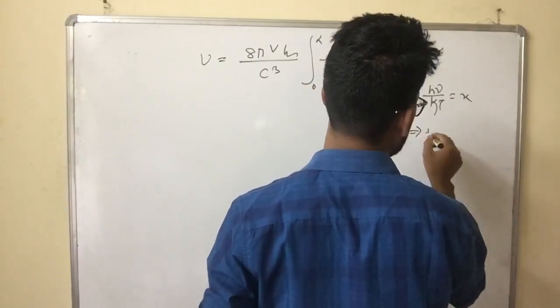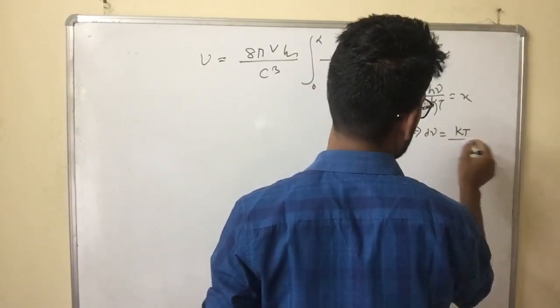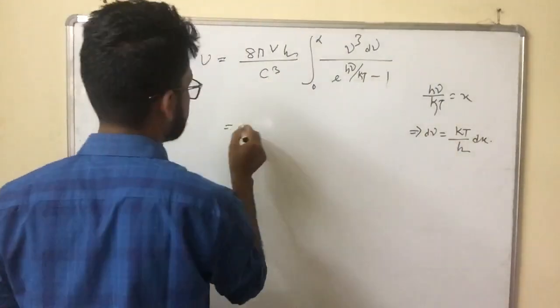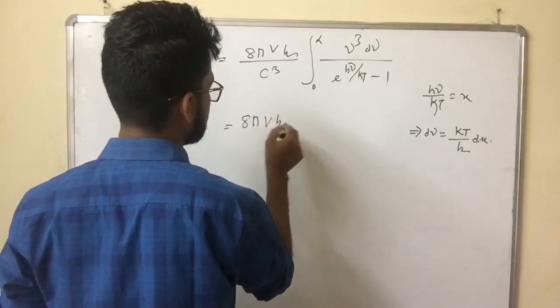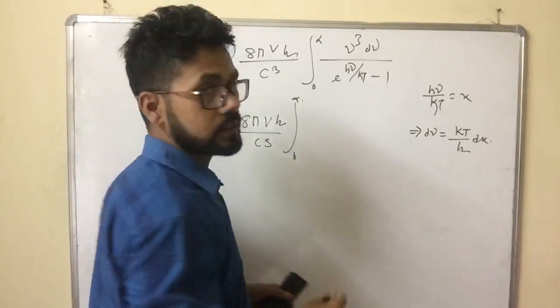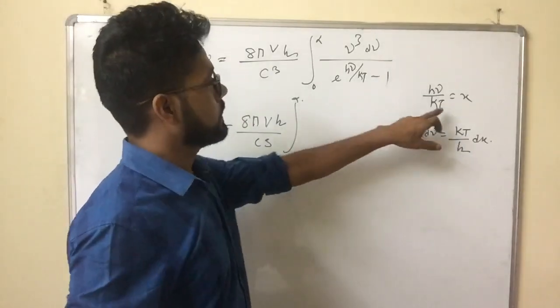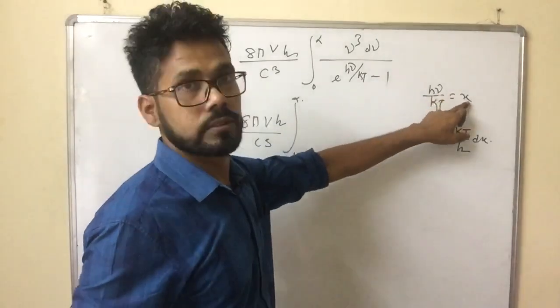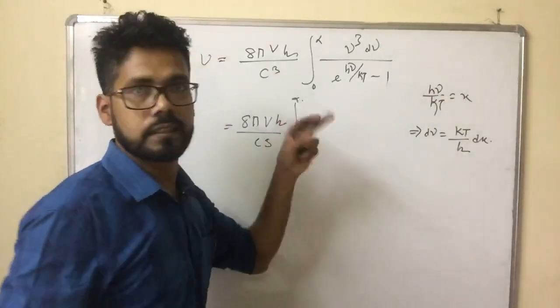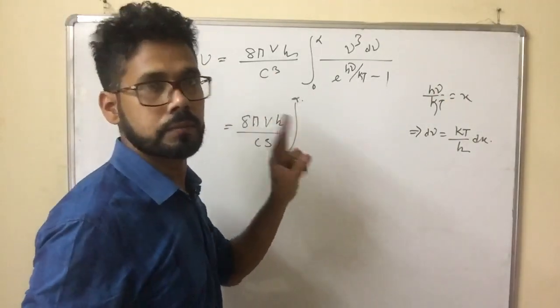So d nu equals kT by h dx. No need to change the limit, because whenever nu is 0, x is also 0, and whenever nu is infinity, x is also infinity. So the limits of the integral will remain the same.